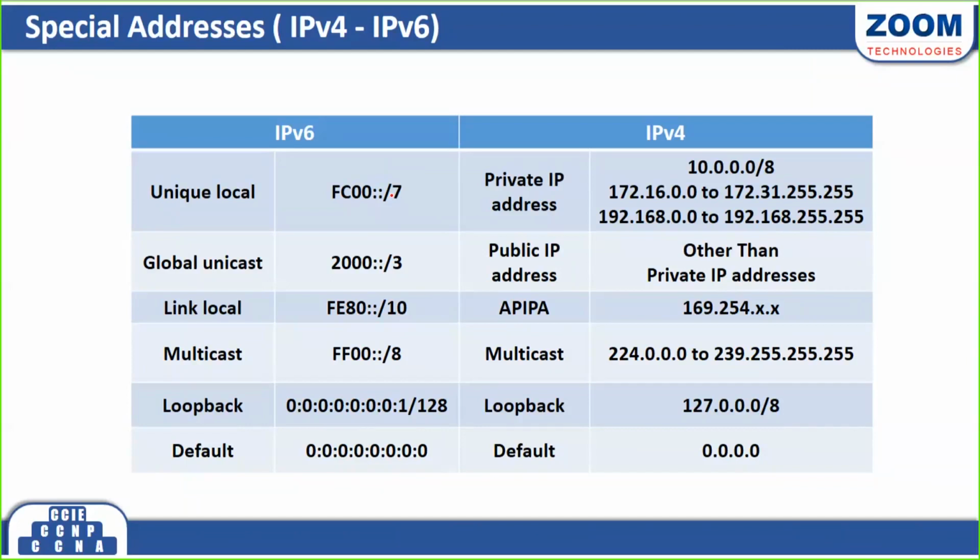Remember the priority bits in IPv4: 0 for class A, 10 for class B, 110 for class C. Similarly, here /7 indicates 7 bits are reserved for unique local, 3 bits are reserved for global unicast, like that.